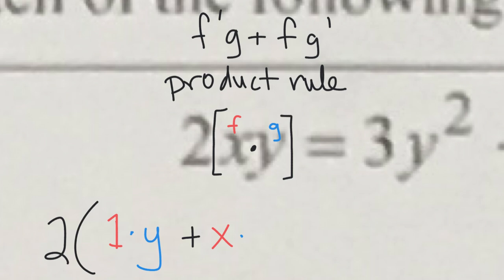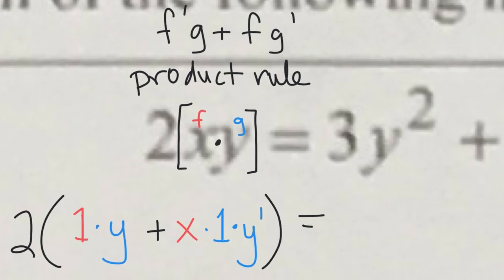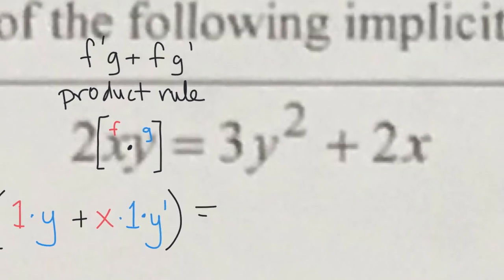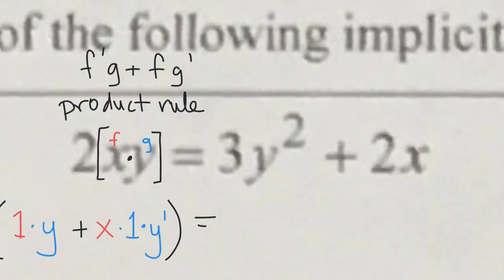So let's go back here. The derivative of y is 1, just like the derivative of x was 1. But anytime we're taking the derivative of y, we need to have a y prime. Equals, let's move over. Okay, we're going to do the derivative of 3y squared as if it were an x, right?